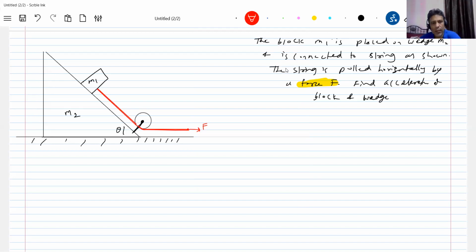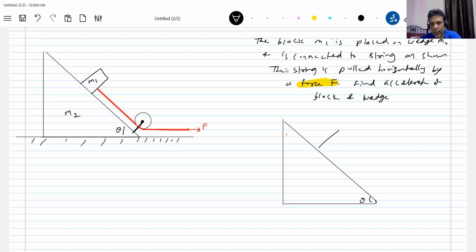Okay, what is the tension in the rope? The tension in the rope will be the applied force. So here is the free body diagram, and the same diagram, let the question diagram be as it is.